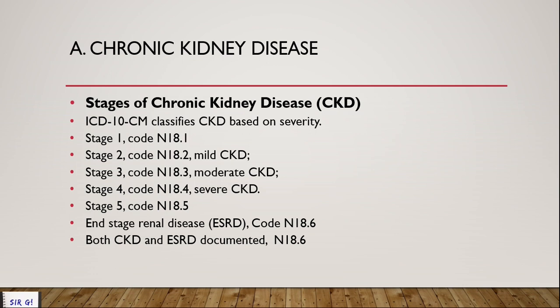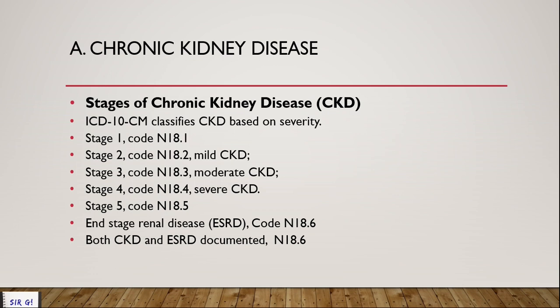Okay, the highest stage or the worst case scenario. So for this one, what if in the scenario they put in stage 5 CKD and ESRD? So there are technically two stages. So we are going to use your ESRD only because that is the end stage already.